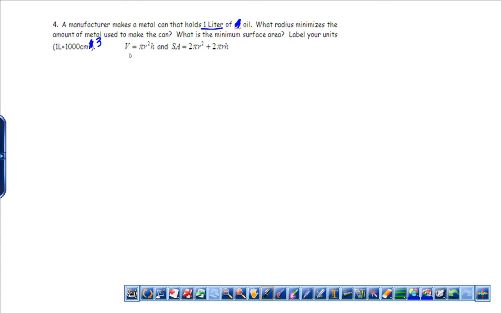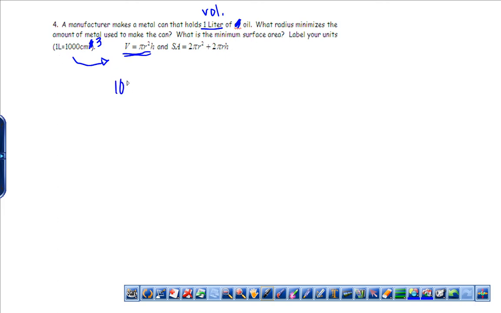And so it looks like I'm going to start with this volume formula right here. If I know that 1 liter of oil, I think this is your volume. But instead of talking about 1 liter, they gave you 1 liter is 1,000 centimeters. So I'm going to go ahead and plug in my 1,000 here.